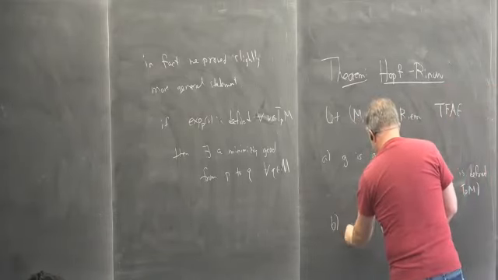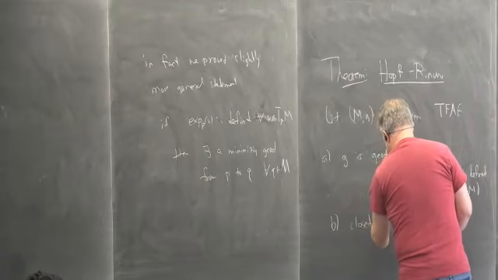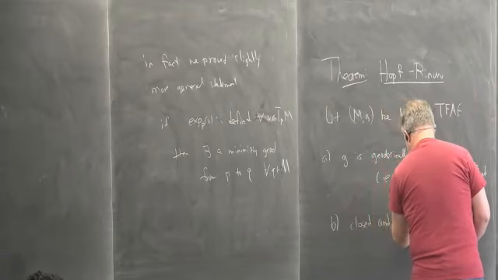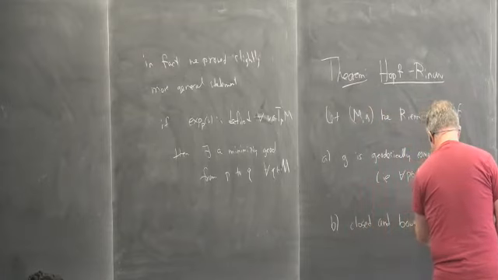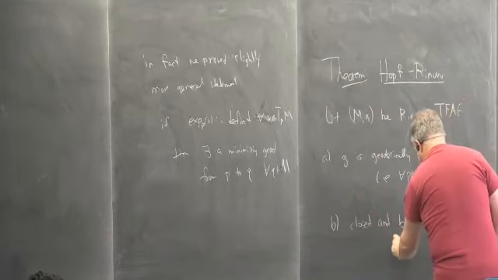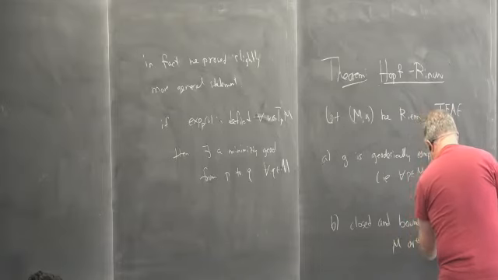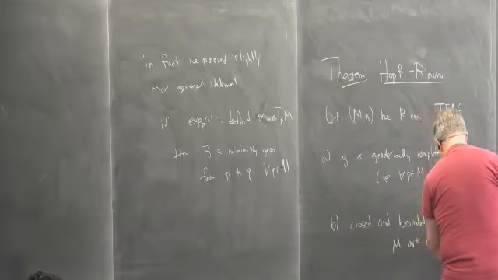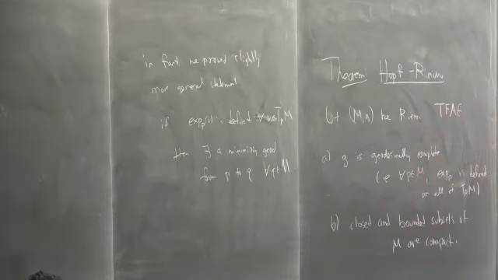B: closed and bounded subsets are compact. Right now, a priori on a manifold, it's just a topological space. You don't have a notion of bounded. But now that we've shown that the metric makes it a metric space, we know what bounded means. And we saw that the topology is the same.